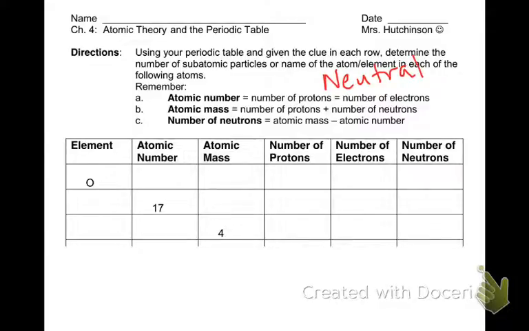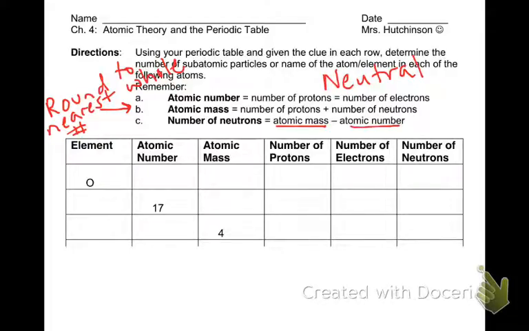Atomic mass, in our instance, because we're looking on the periodic table, we're going to take the atomic mass and round to the nearest whole number, just for this instance. That's going to give us our number of protons and neutrons. And to determine the number of neutrons, you'll simply take our atomic mass and subtract our atomic number.